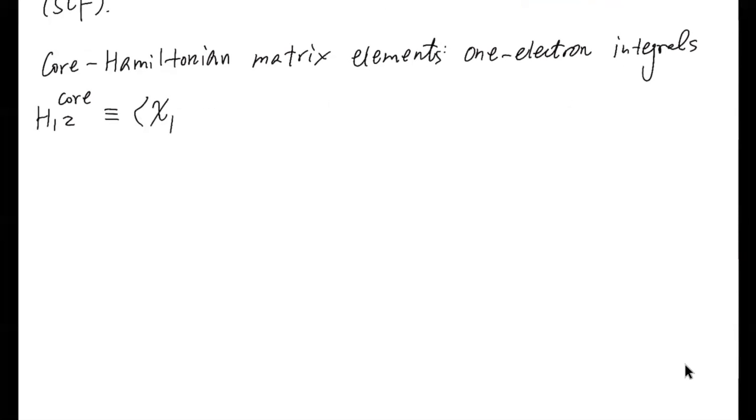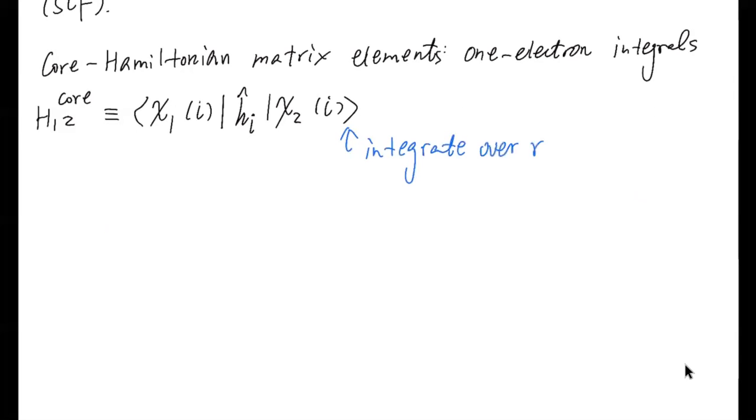Again, chi1 means the first atomic orbital on hydrogen A for electron I, the single electron Hamiltonian operator, chi2 I, right? So again, this integral means you integrate over the i's electron, and therefore the value of H12 only depends on the separation.